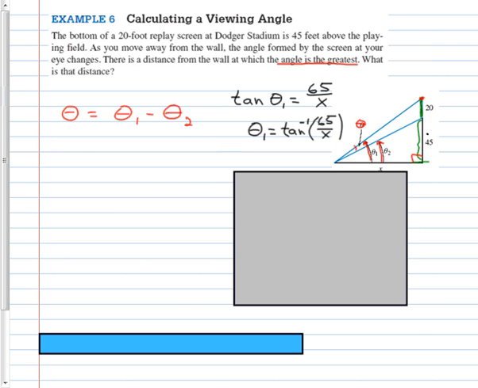That will give me the angle. So angle 1 is the inverse tangent of 65 over x, minus, if I want angle 2, the inverse tangent of what? 45 over x. 45 over x.